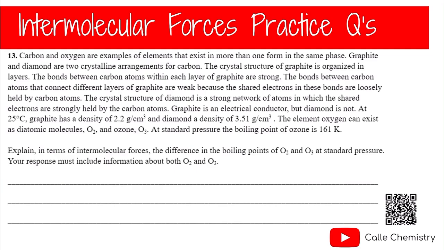O2 and O3 both have oxygen, but in terms of intermolecular forces, the difference in boiling points happens because of how they are made up. One is made up of 2 oxygens, the other of 3 oxygens. The one that is heavier will have a higher boiling point.